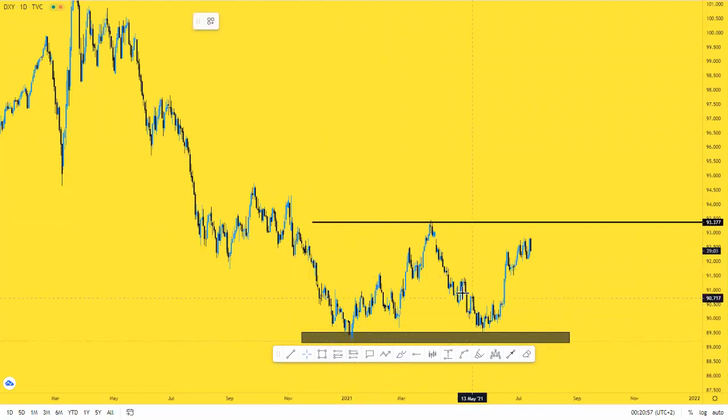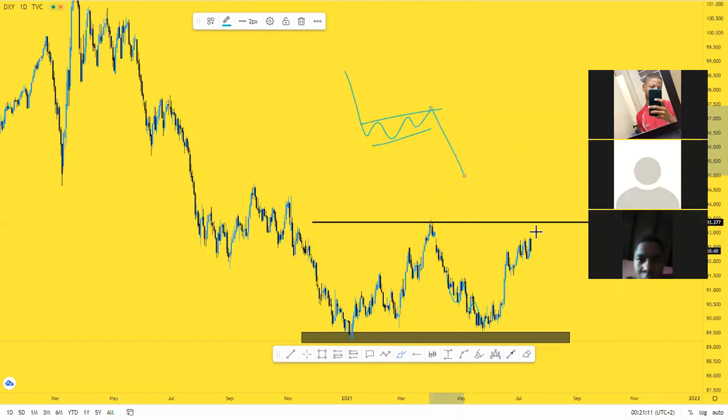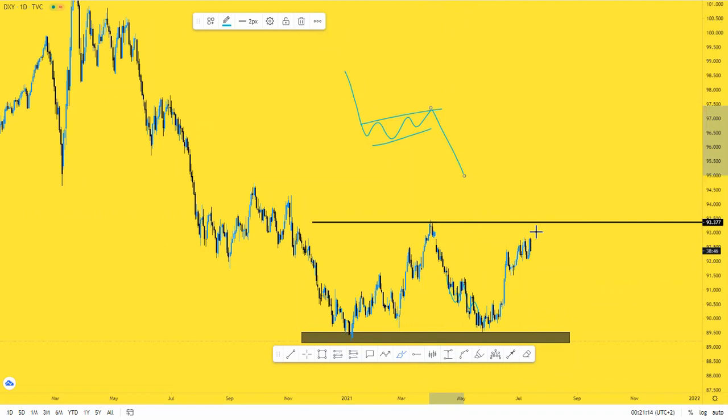You're looking to trade these impulse move corrections, because we know the market moves in structure, impulse move correction. So you're looking to trade these small moves. That's when you're a scalper, you trade these small moves.